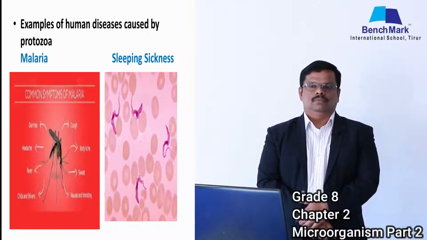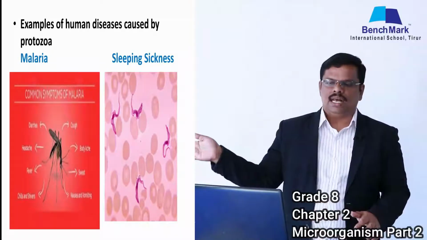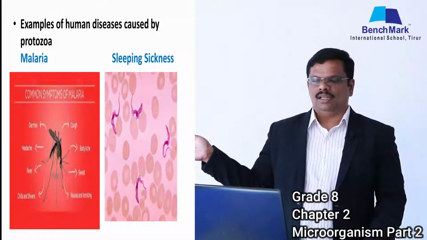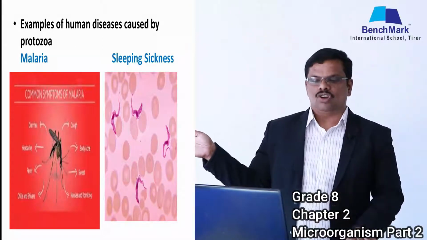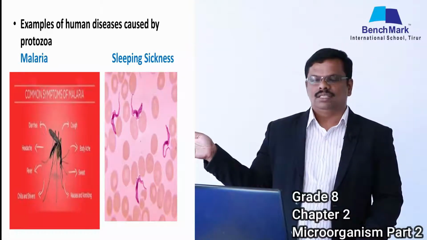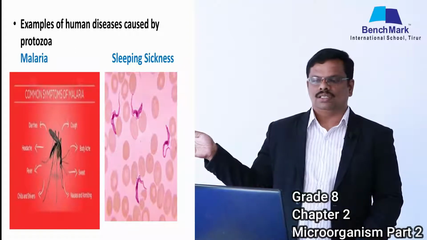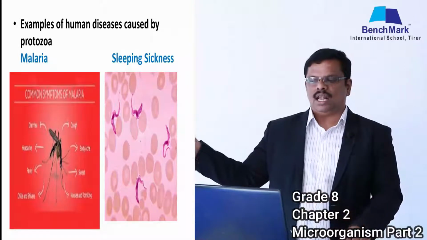Plasmodium. Okay, look at this slide, you can see very clearly the malaria and the common symptoms of malaria. Then another disease called sleeping sickness is there. It is caused by the tsetse fly. See this? You can see it in the slide.